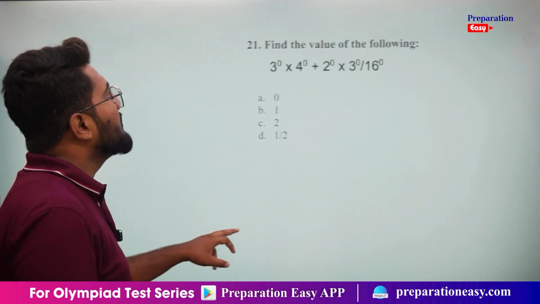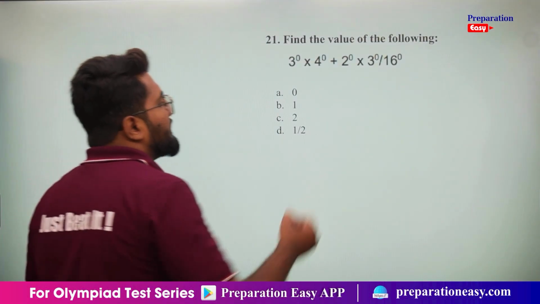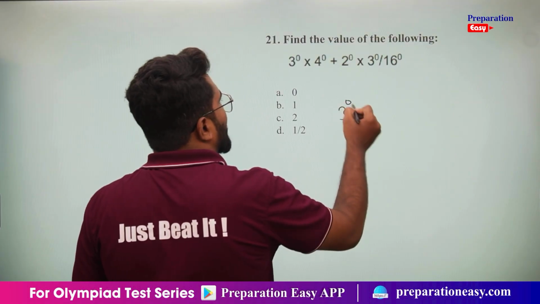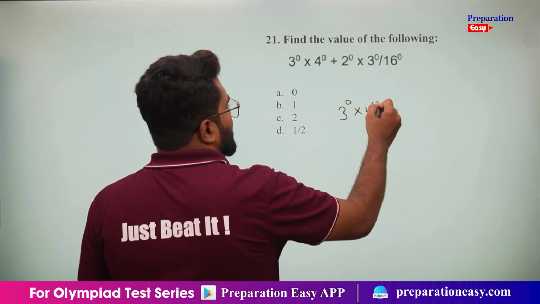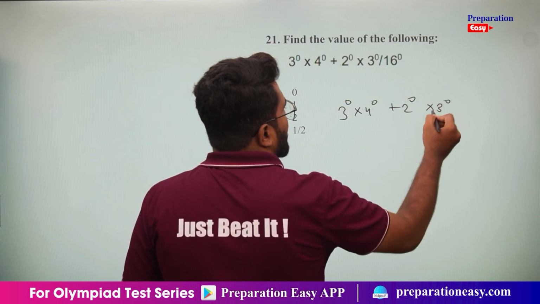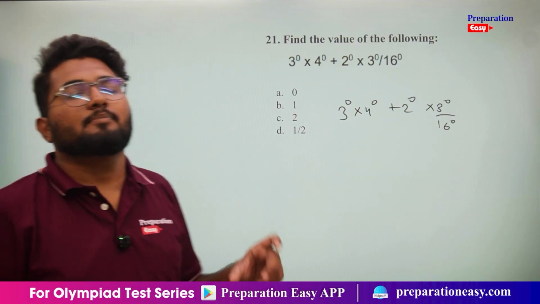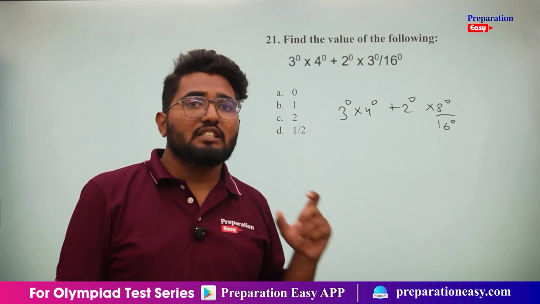Here it is given 3 power 0, 4 power 0, 2 power 0 multiplied by 3 power 0 divided by 16 power 0. What does power 0 mean? Any number to the power 0 is equal to 1.